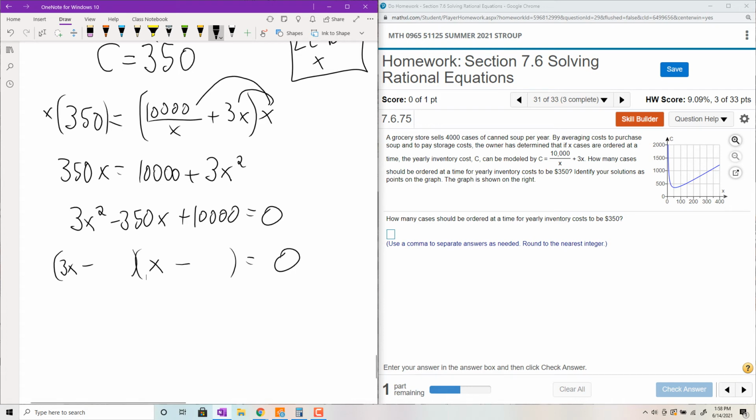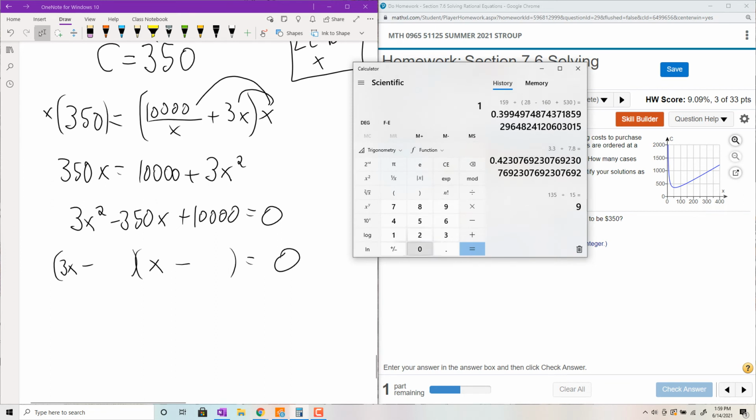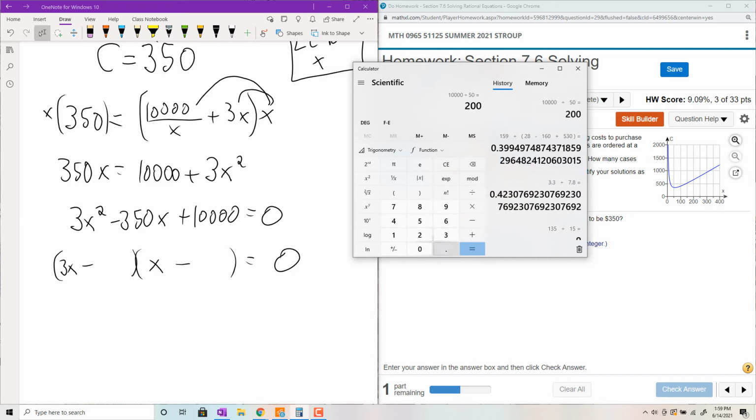How many times does 100 go in there? 100 times 100. How about 50 times something? 10,000 divided by 50 is 200. That's not going to get the job done. 50 times 3 is 150.